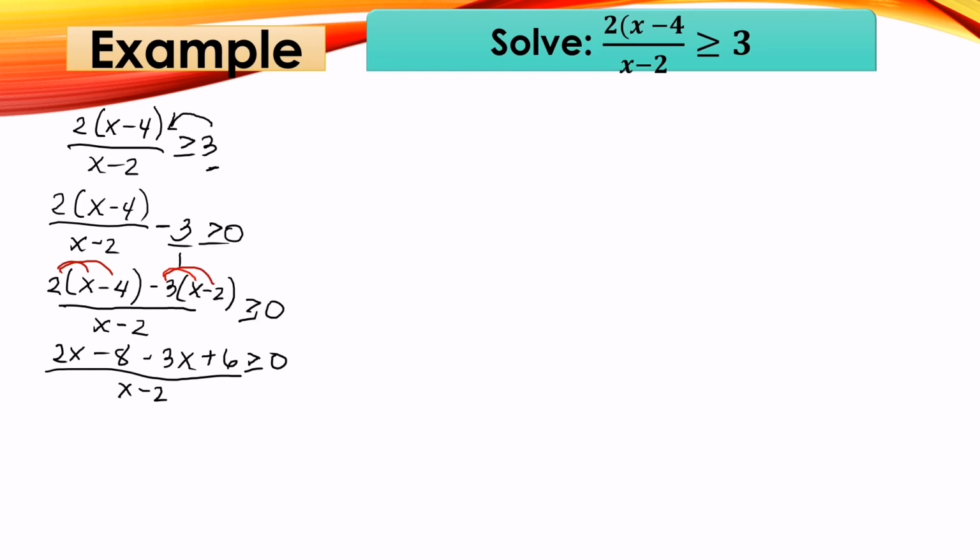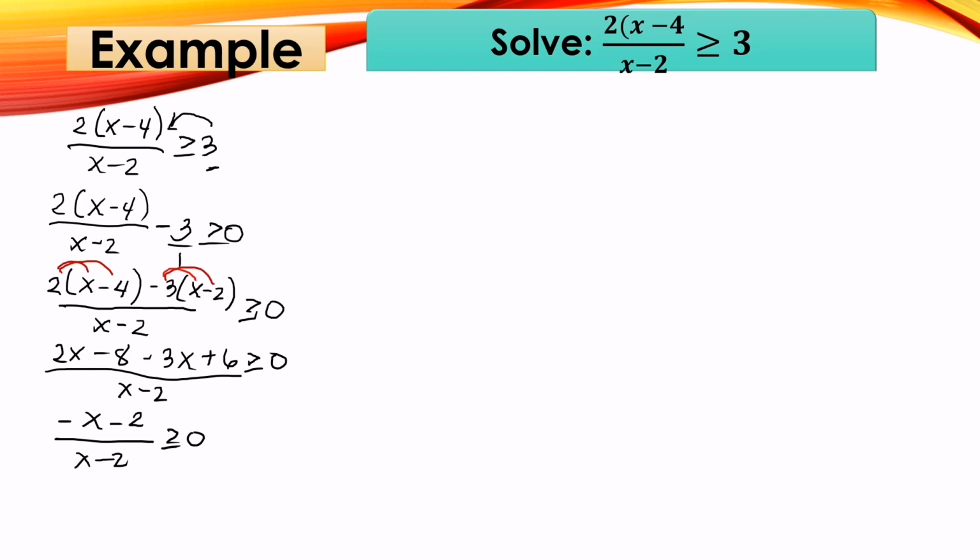Then combine. So 2x and negative 3x is unlike sign, so subtract. So 3 minus 2 is negative x. Negative 8 and positive 6, they are unlike sign, subtract. So 8 minus 6 is negative 2 over x minus 2 is greater than or equal to 0.